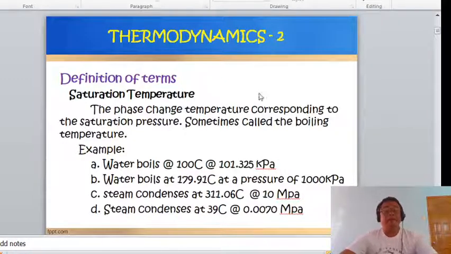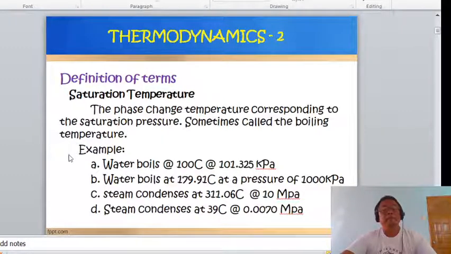Another example, B: water boils at 179.91 degrees at a pressure of 1000 kilopascal. Take note class that the water here is pressurized water. Water will boil at 179, which is quite far, of course, from 100.